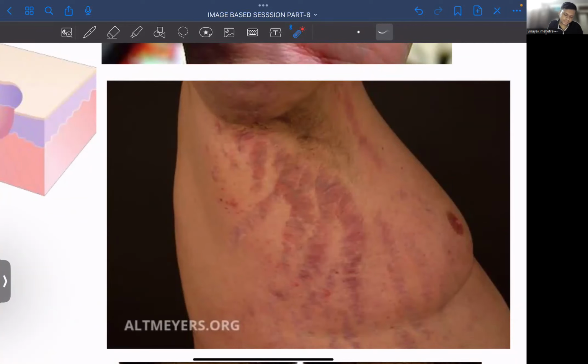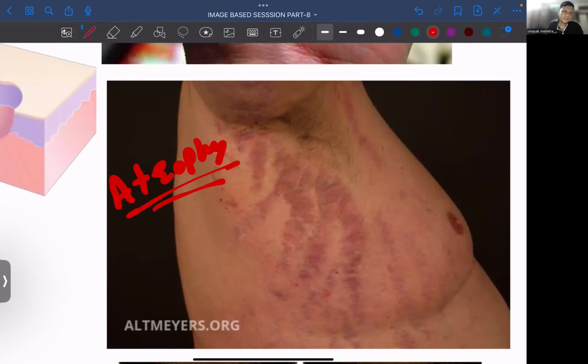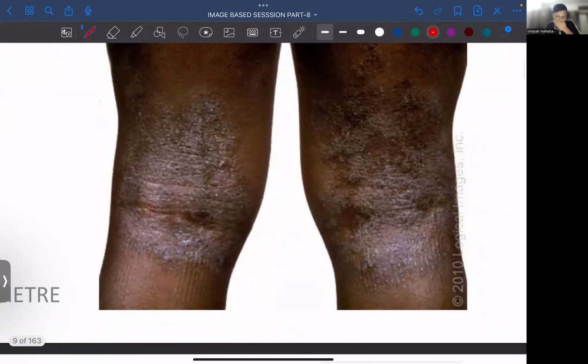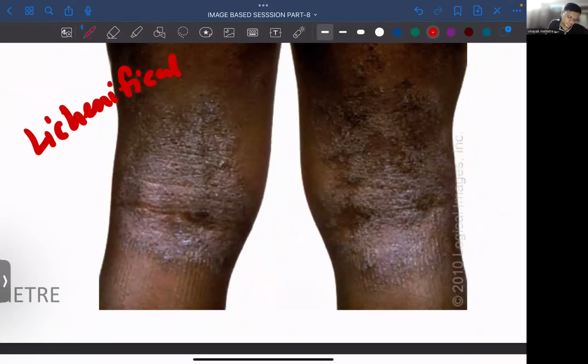This is called as atrophy. Okay, atrophy हुई है. This is our lichenification. Okay, lichenification, correct.